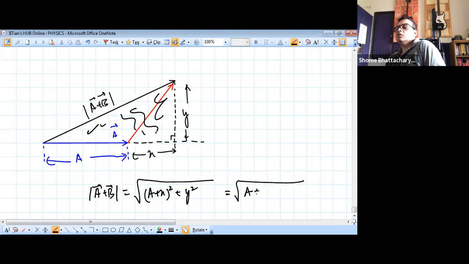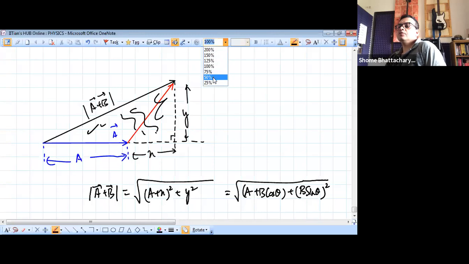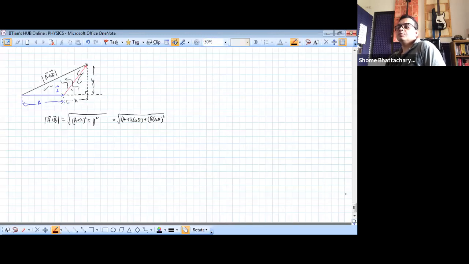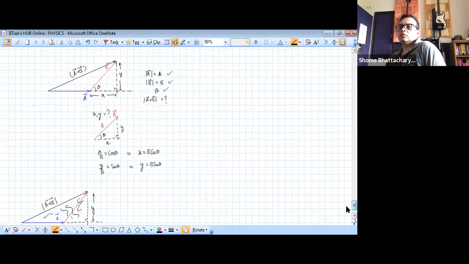X was B cos theta and Y was B sin theta. So we will calculate this value using this formula. We will expand this further algebraically, but first just understand the steps up to here. Just make a note of this part first.